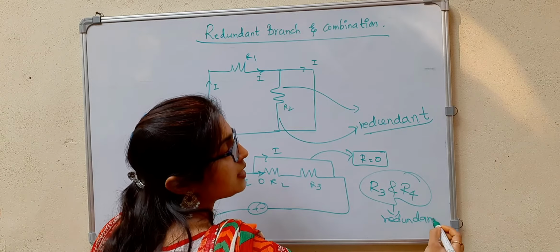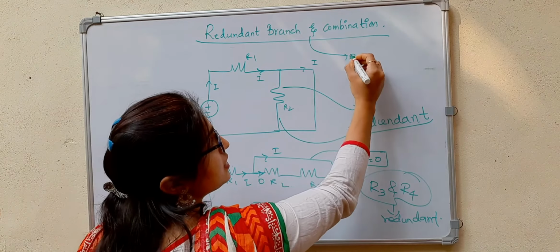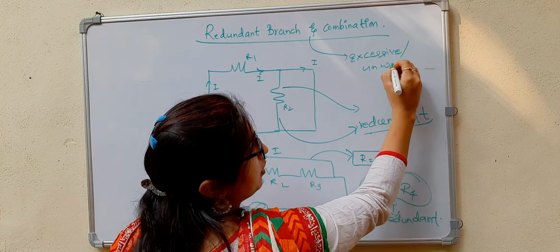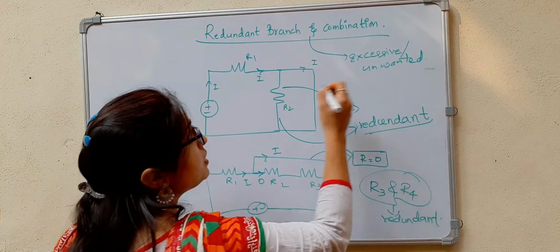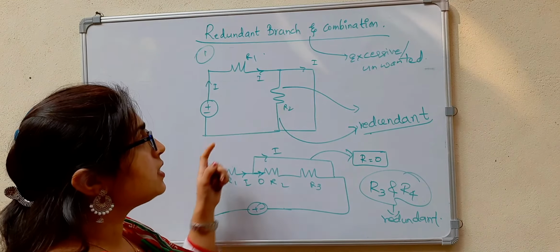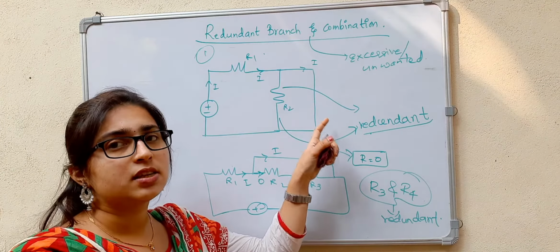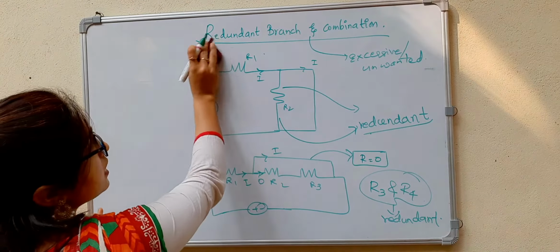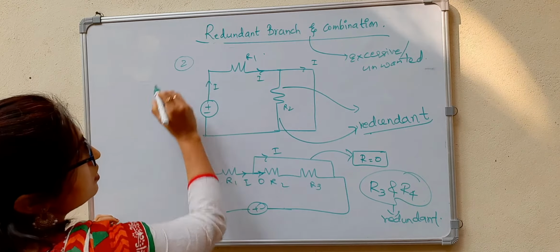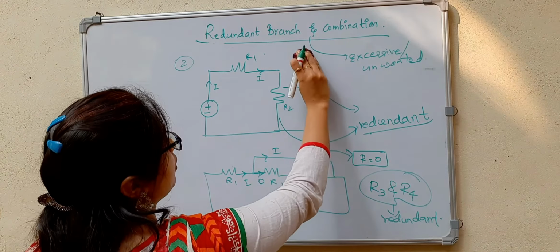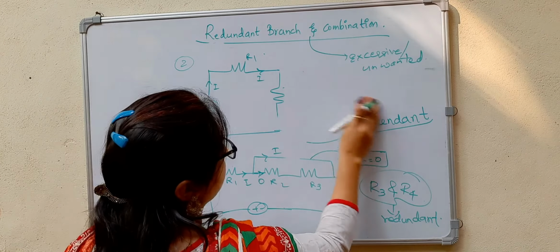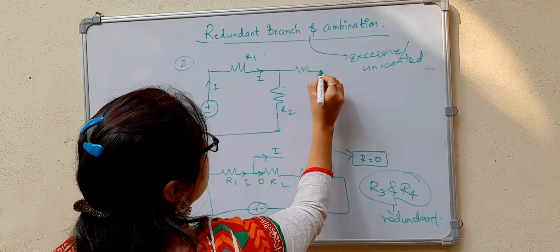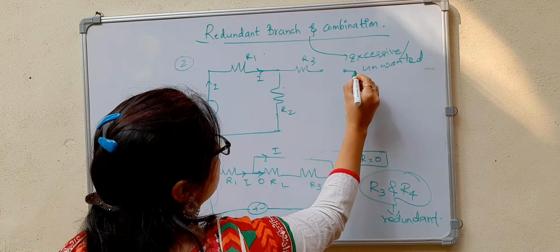So redundant is actually like excessive or unwanted. So it happens, first case, when there is a short circuit across a resistance or a combination of resistances. In the second case, if you have an open circuit, so if it is open somewhere like this, see you have R2 here, then you have R3, okay, then we have R4.